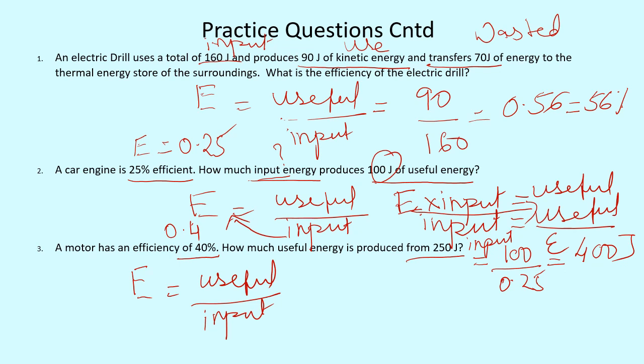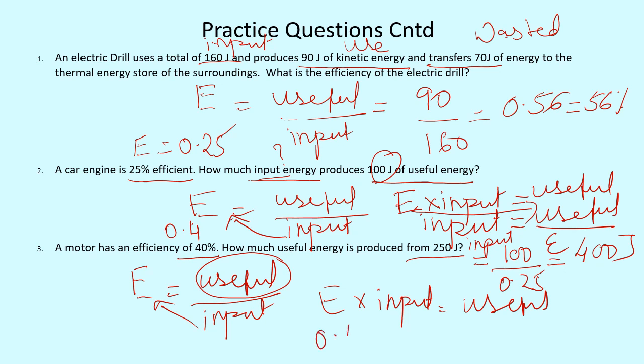In the exam, when you are writing it, make sure you say useful energy over input energy. So what I want to find is useful. So I'm taking input to the other side. Efficiency times input is equal to useful. So what is efficiency here? 0.4. Input is 250. So useful is 0.4 times 250, and that is equal to 100.